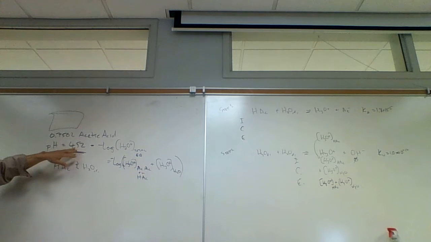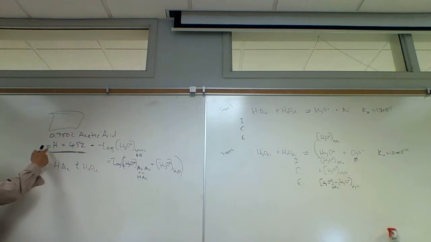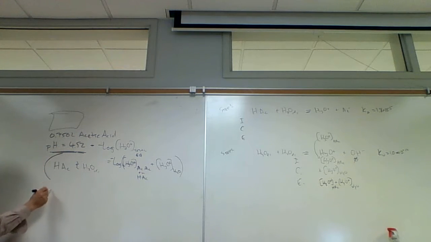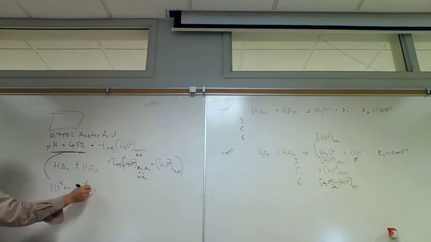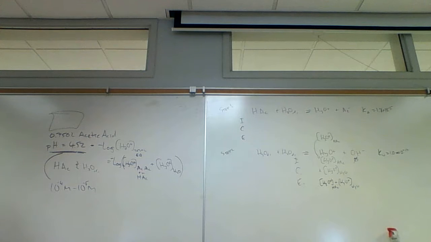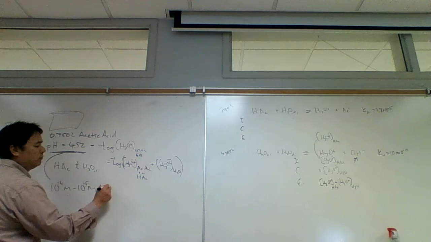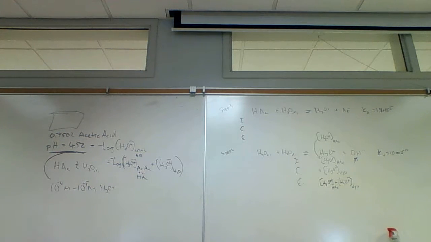But in this case, we can ignore it because look at the pH. The pH is the power of the hydronium ion concentration, so the hydronium concentration is between 10 to the minus 4 molar and 10 to the minus 5 molar. What's the most hydronium that we're going to generate from water?